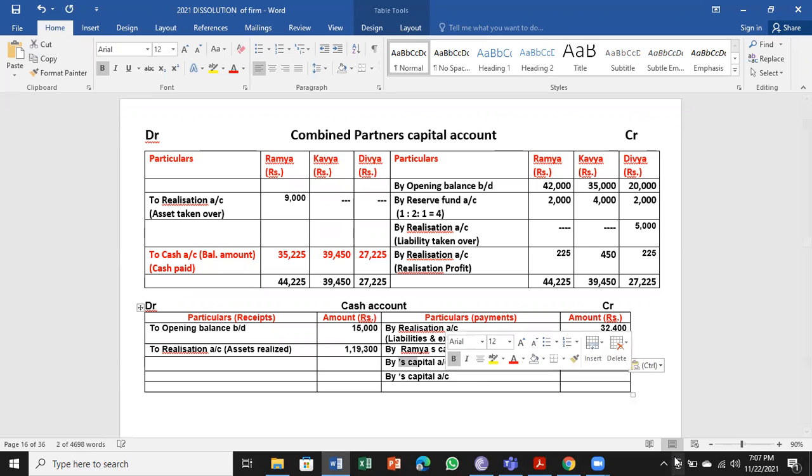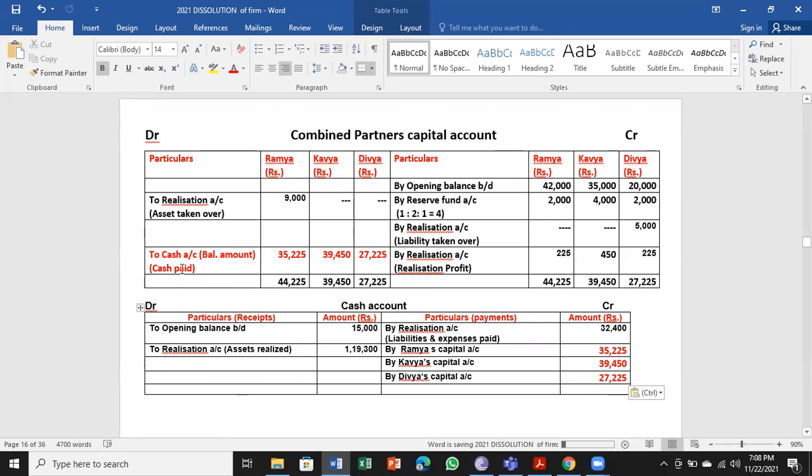Then second partner, Kavya's capital account, 39,450. Then Divya's capital account, 27,225. So we have transferred this entry also. On the credit side, we don't have any cash entry.